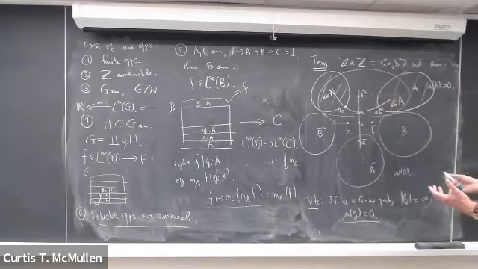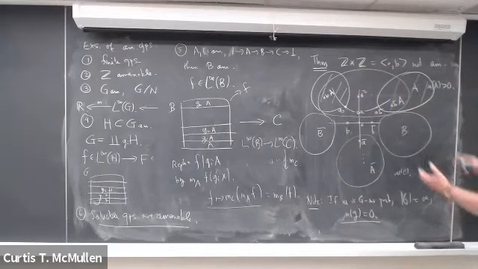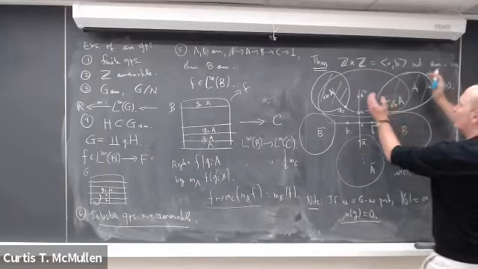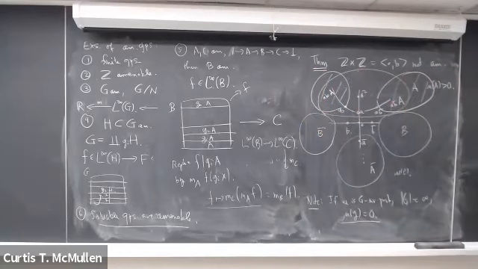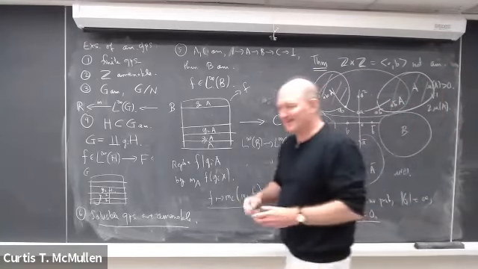And if this measure were to be translation invariant, the measure of this set and the measure of this set would have to be the same as the measure of A, because they're both contained in A. So the measure of A would have to be greater than or equal to twice the measure of A. And of course, that's a contradiction.